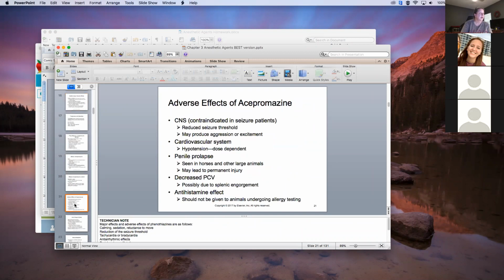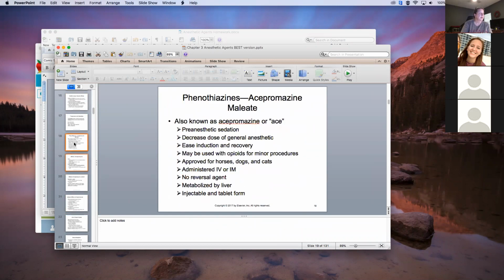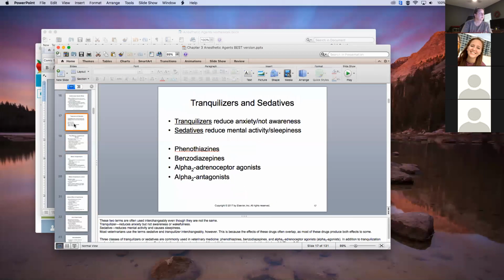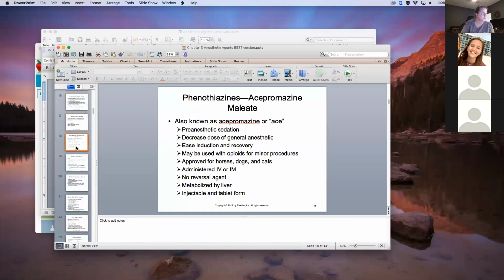Now, these slides are going to give you the best information, okay? There were tranquilizers and sedatives, which were either the phenothiazines, benzodiazepines, or the alpha-2 agonists. So when you see the list of drugs, you have to figure out where your drug fits in that family. Now, acepromazine, basically for sedation, gives me anesthetic sparing, used with opioids, no reversal, which is very important.